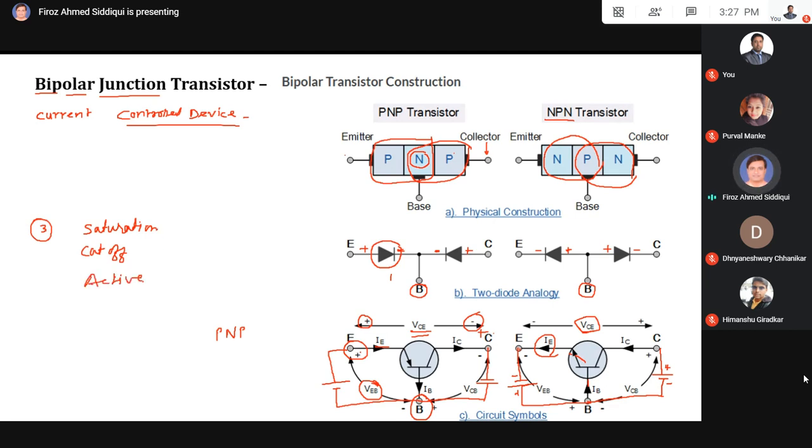These are the three regions in which the transistor can operate depending upon the biasing of the transistor. So let us see when it will work in saturation, when in cutoff, when in active, and if we want to use the transistor as an amplifier, how we have to operate it.